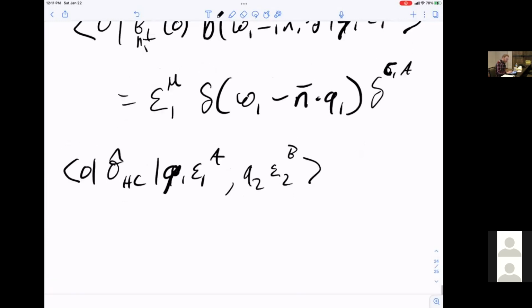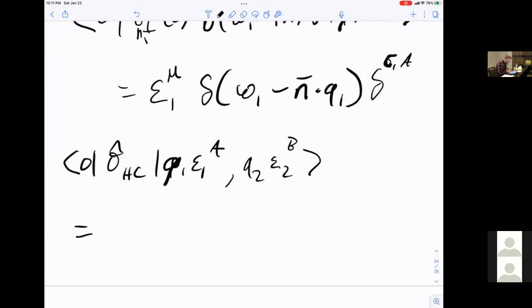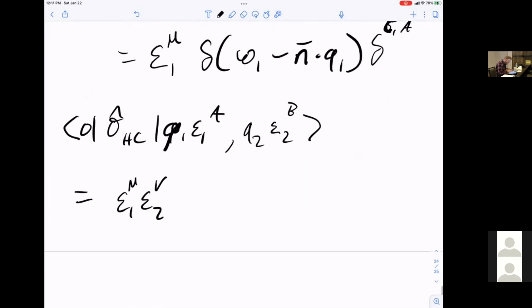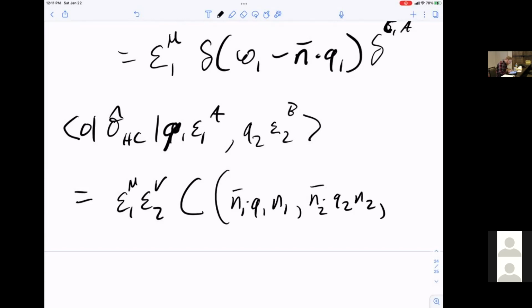When I calculate this particular matrix element, what I'm going to find is epsilon 1, epsilon 2, mu, C n bar dot Q1 times N1 bar 2 Q2 times N2, S1, S2, A, B. Those are gauge indices with my matching coefficient.